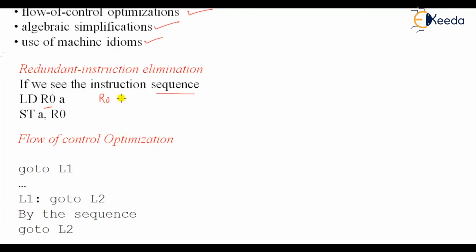R0 will be loaded with the value A, and this is a load instruction, and this is a store instruction which stores the R0 value back to A. There is no point in loading and storing the same value to register R0.